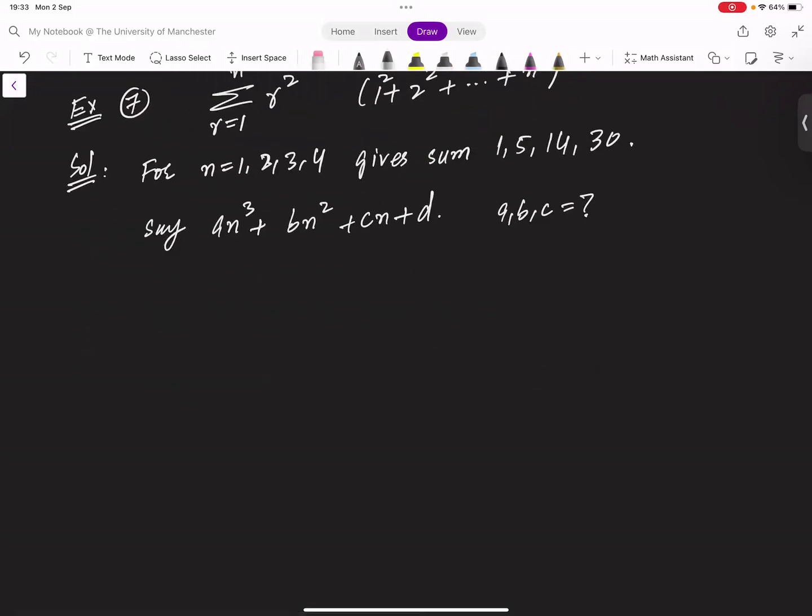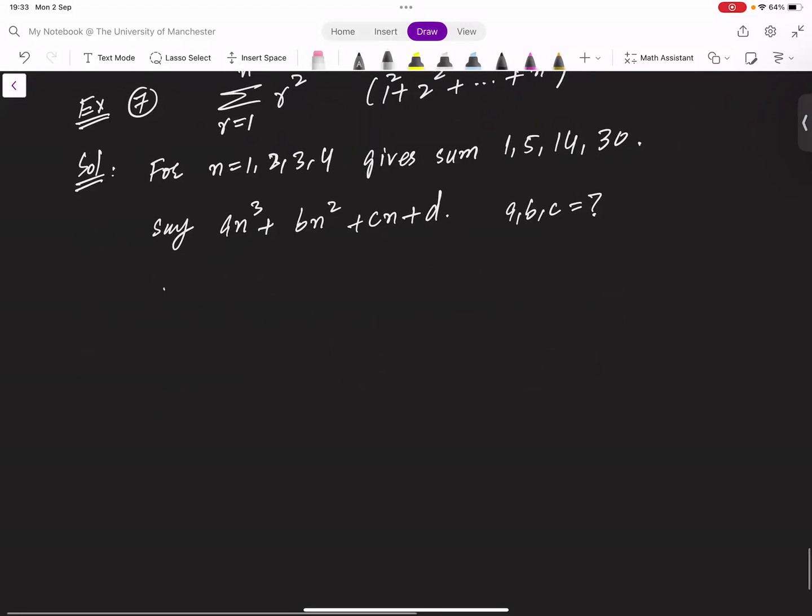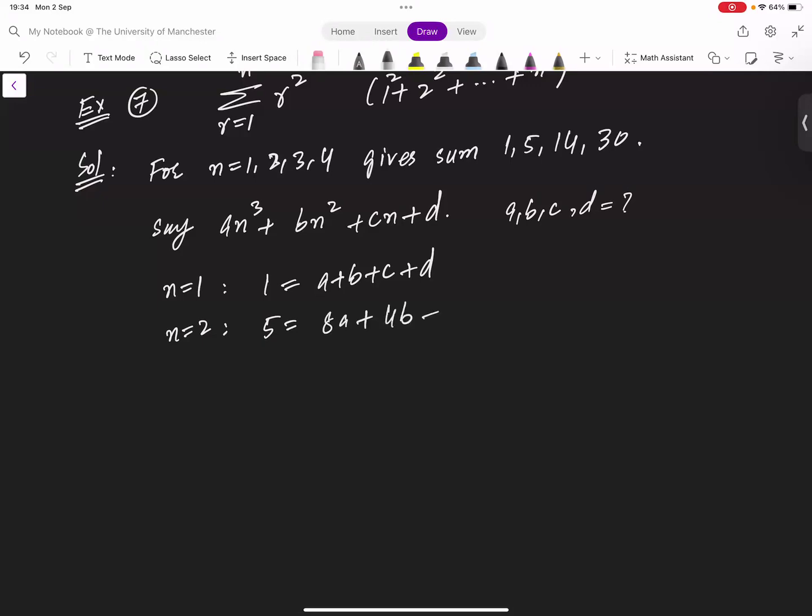If you want to write such an expression, you have to check it for n equals 1. It is going to be 1, which is a plus b plus c plus d. Then n equals 2: 5 equals 8a plus 4b plus 2c plus d.